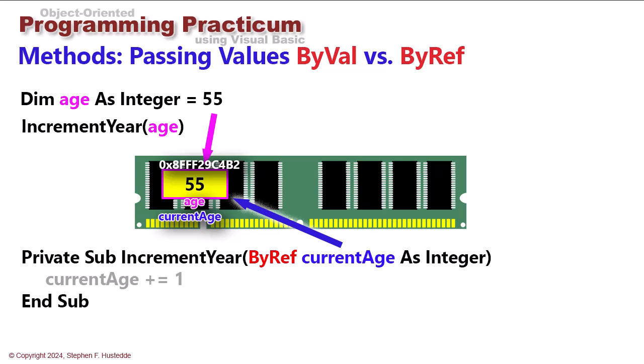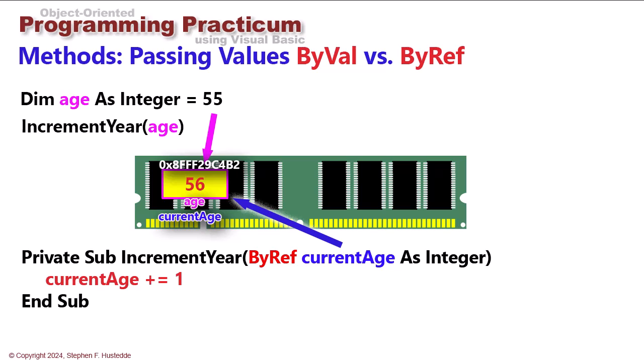In essence, I've created an alias to this location, or as we call in C++, a pointer to that location. They're both, age and current age, are both accessing the same memory address. So that when I then run my increment year sub-procedure and I have current age plus equals 1, what's going to happen is 55 becomes 56.